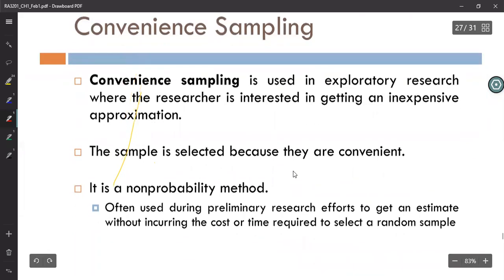This is very inexpensive. It depends on the availability or accessibility of the population. You use a pilot study to get an idea about the population, but you cannot use an exact sample size or a calculation. You can't find the sample size.